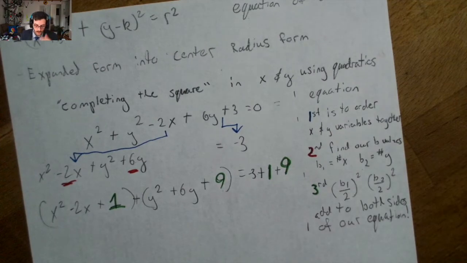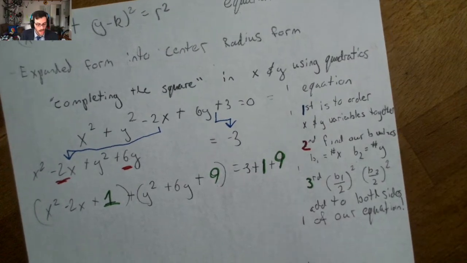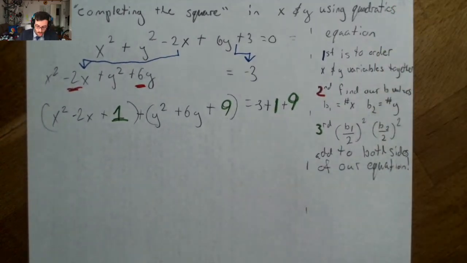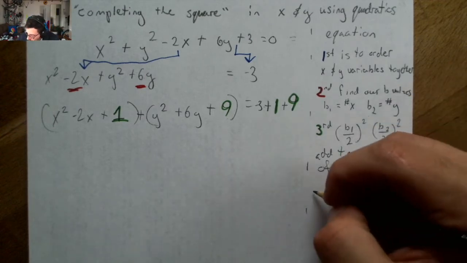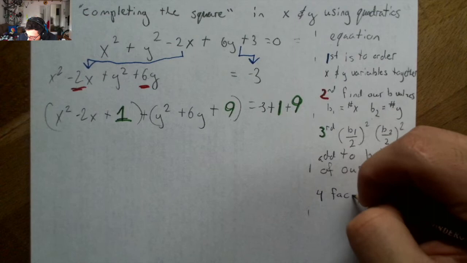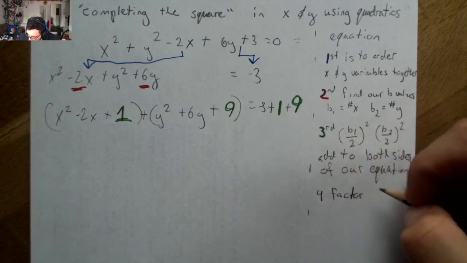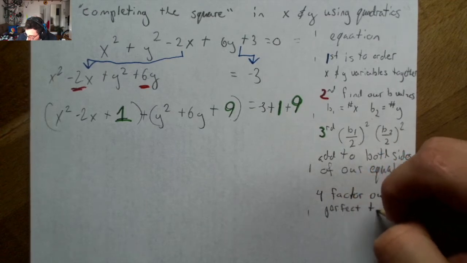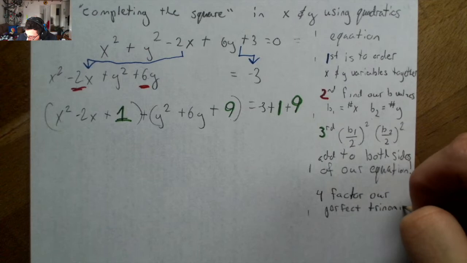Cool. Next. This is when we have to remember how to do our factoring for trinomials. Our fourth step, we are going to look to factor a perfect square trinomial.